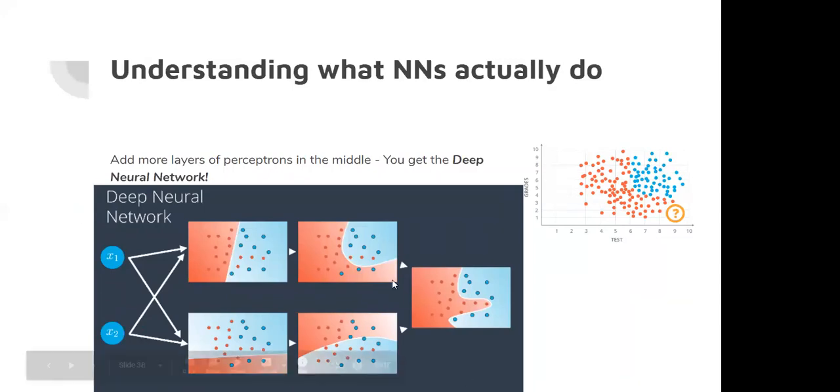This is just a 2D representation. What you're going to get in reality is a hyperplane which is absolutely non-linear, and that is why neural networks are the most powerful machine learning technique out there. That is why you have so much accuracy with neural network algorithms, because neural networks know how to draw non-linear boundaries.